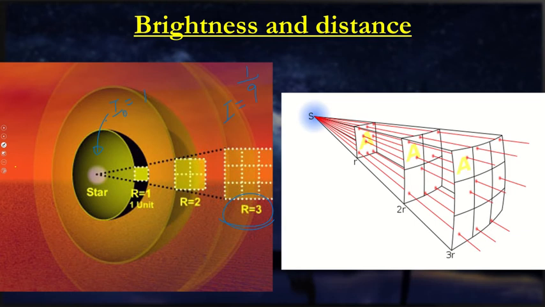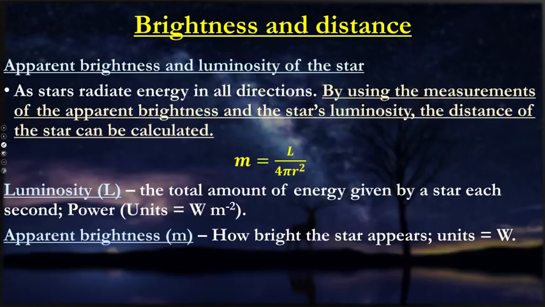Now, with specific uses of mathematical models, we can actually work out how far the star is away, by looking at its actual luminosity, so how bright it is, how much energy it gives off, and how bright it looks when we observe it from Earth.